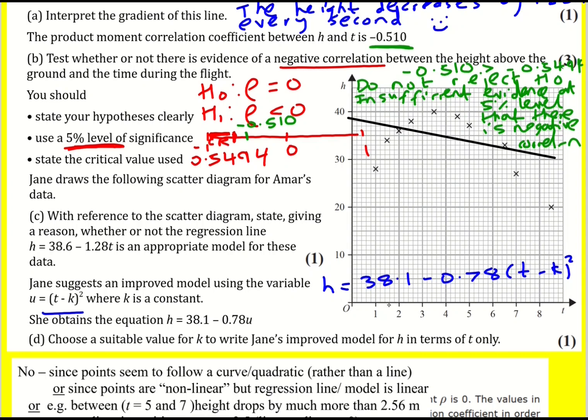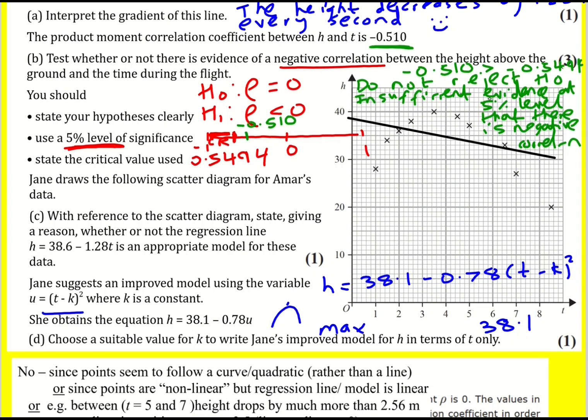When something's in completed square form like this, we actually get the maximum straight away. We know it's going to be a maximum because it's a negative quadratic, and the maximum value is going to be, according to our model, 38.1. It's going to be when t is equal to k, because then this term would disappear. Otherwise, we're always subtracting from 38.1.